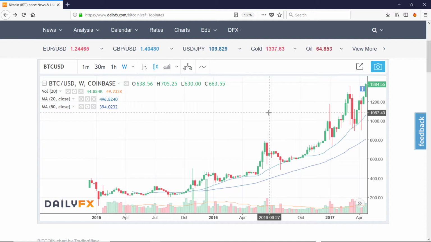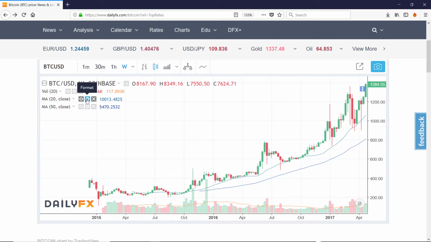Here we're going to look at the moving averages. So we can just click on indicators, pick moving averages, and they're added. We can then change the settings.